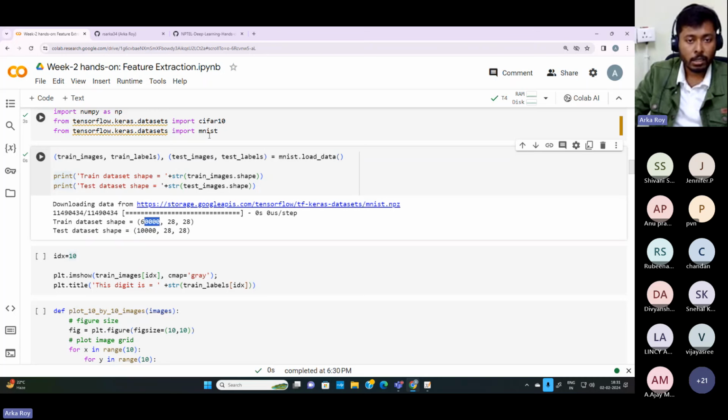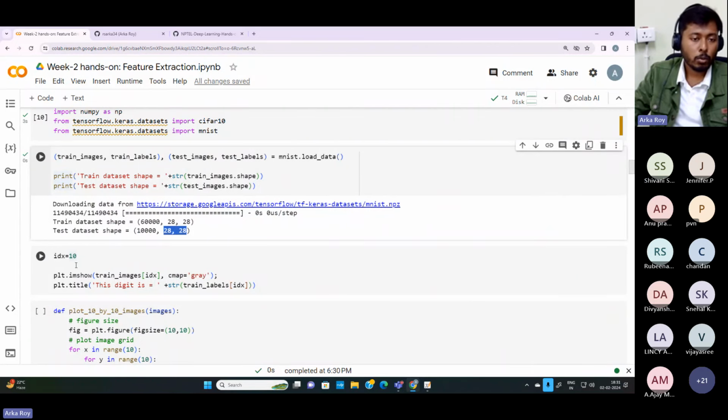In case of the MNIST dataset, it has 60,000 images in the training dataset, each of shape 28 by 28. That means the image dimension is 28 cross 28. The test dataset has 10,000 images, and all the images have a shape of 28 cross 28. So this is the interpretation.